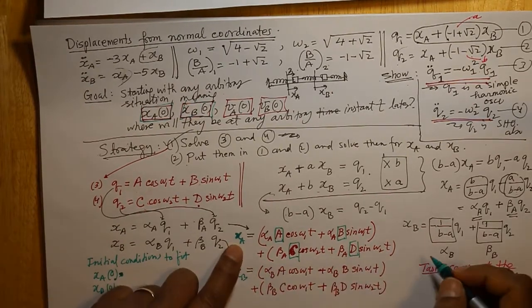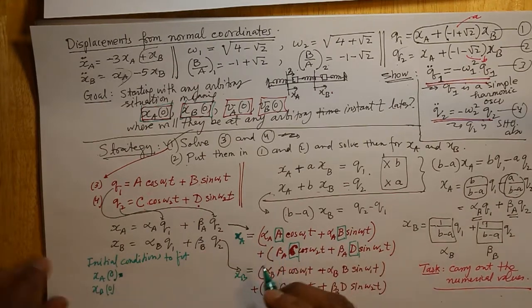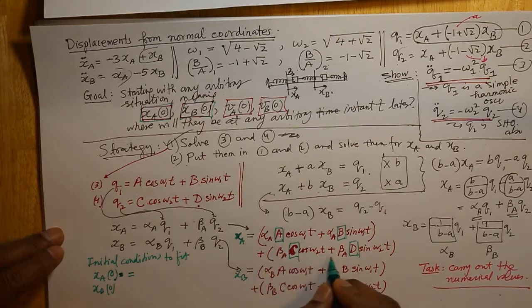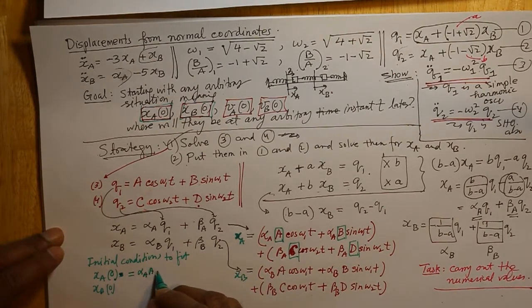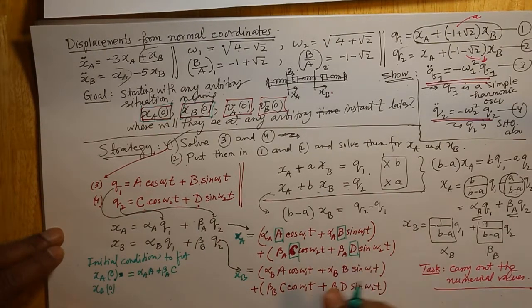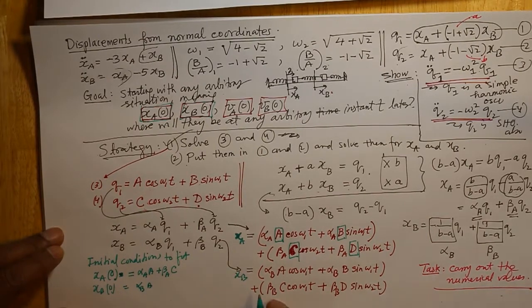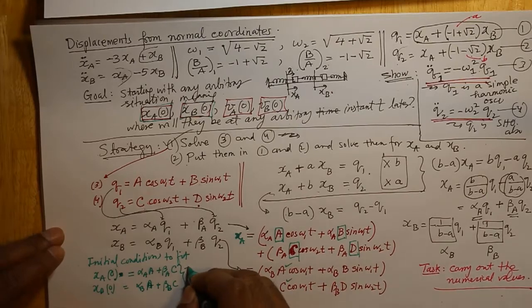If I put in XA0, this gives me alpha_a A plus beta_a C, because the sine terms will be 0, and this is going to be alpha_b A plus beta_b C. So I will be able to get A and C from there.